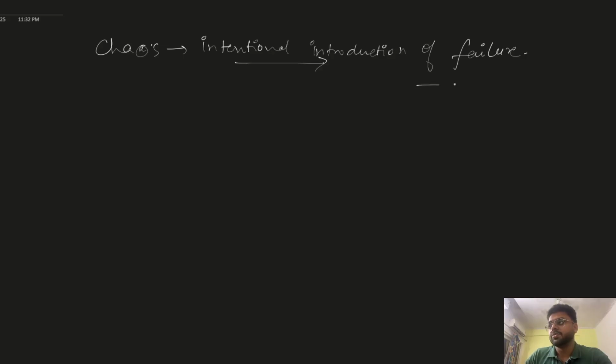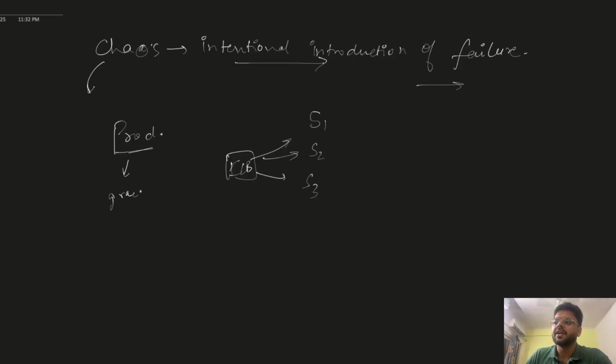This means that in the production environment, Netflix intentionally stops some of the servers to test their load balancer. Let's suppose currently S1, S2, S3 are running, but in a graceful manner, such that users are not impacted, just to train their load balancer, so that if any such situation came in, the load balancer would be able to handle that.